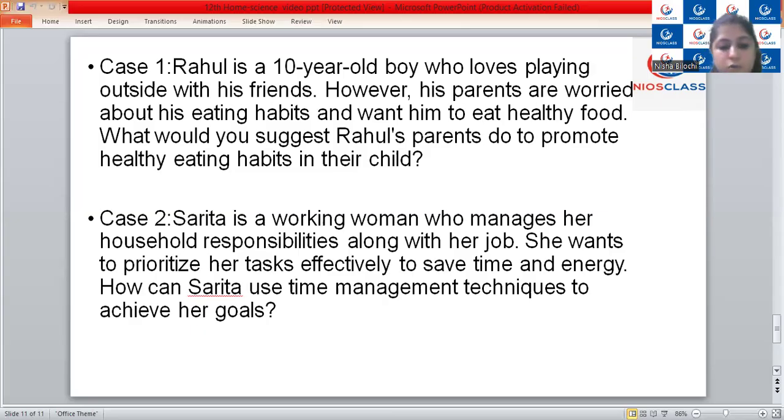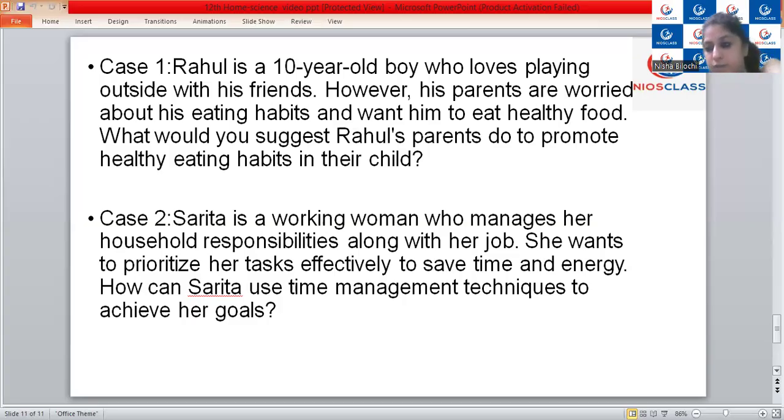First, Rahul's parents should bring out some examples in front of him, okay? For example, we have Virat Kohli, we have many other people who are vegetarian or maybe vegan also, so they also eat healthy, right? So being physically fit is very, very important. They need to make healthy food fun, meaning bringing innovation into the food. That will involve Rahul in meal planning and preparation, and make healthy food visually appealing, right? Like a vegan burger, that can be very, very helpful.